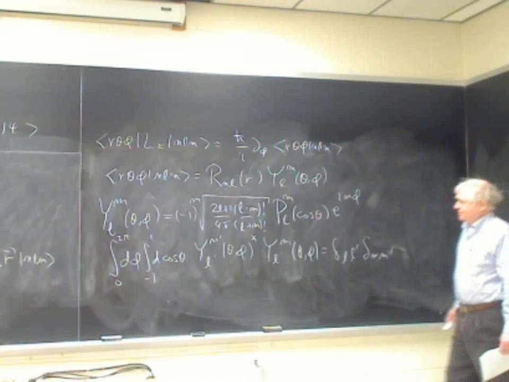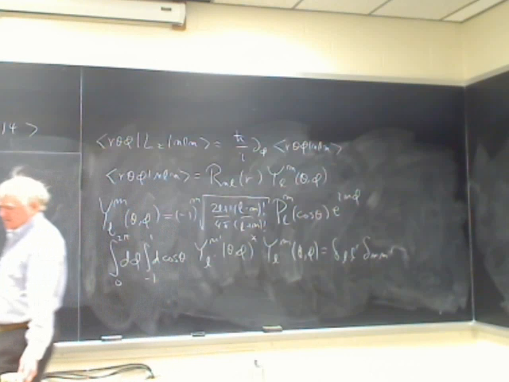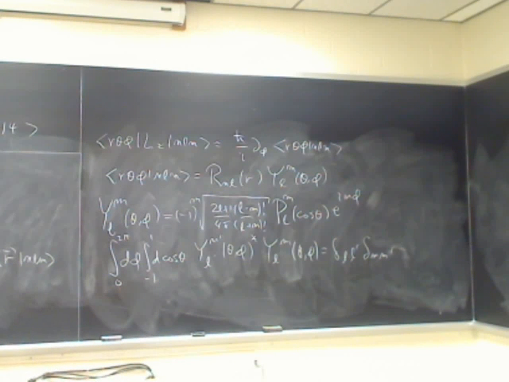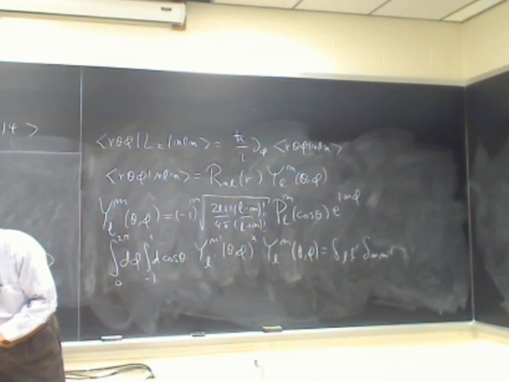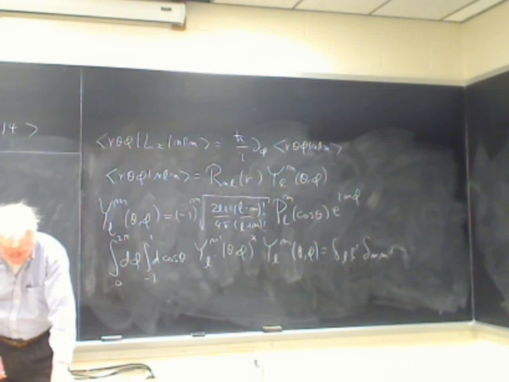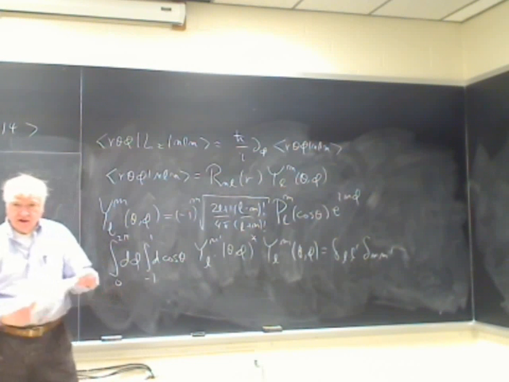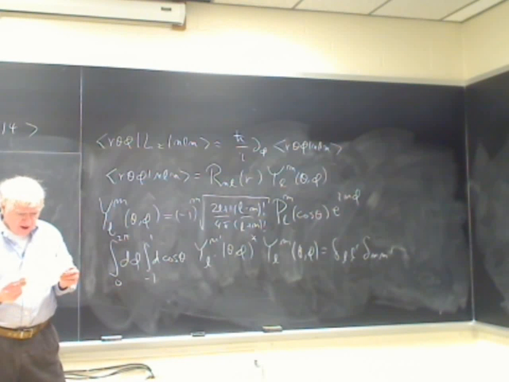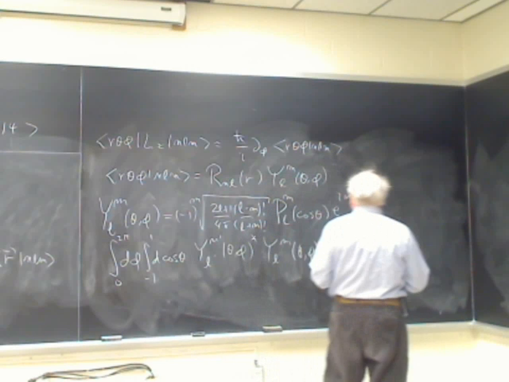So that's the reason for the crazy square root. Minus 1 to the m is there for, I forget, there's some other technical reason why one adds a minus 1 to the m. Any questions about that? All right, let me just say something about the P_lm's.